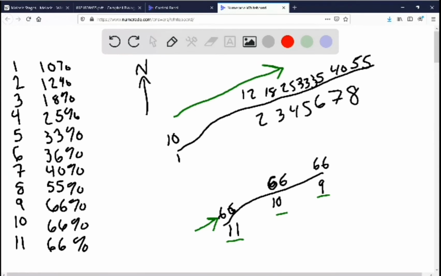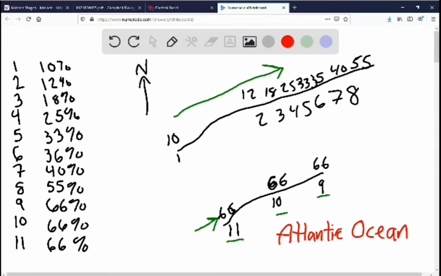Well, for one, points 9, 10, 11 are closer to the Atlantic Ocean. Remember, the question said that the salinity values, the closer you get to the ocean, the more consistent these values become.